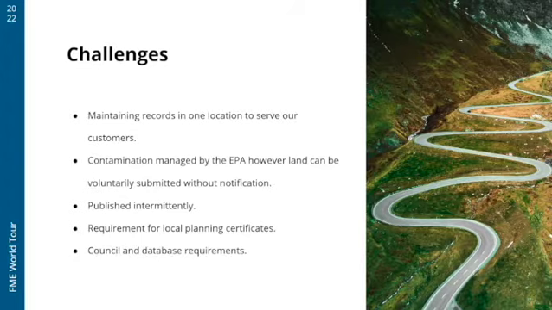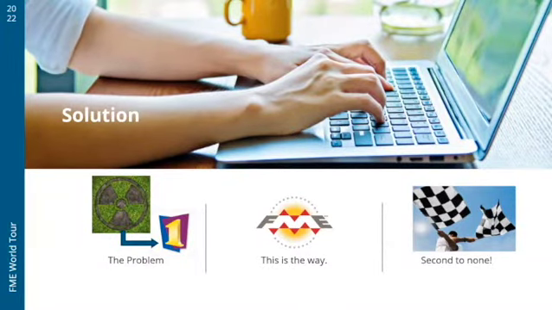So with all of these challenges in mind, we're looking to set out to automate our contamination management. And the way to do that is with FME. So our target here is to have newly identified contaminated land records maintained in our database.